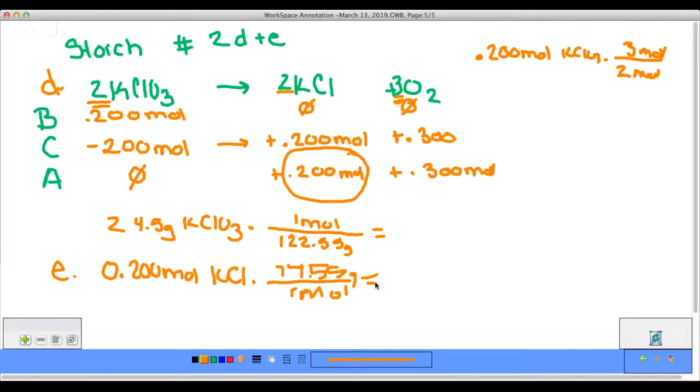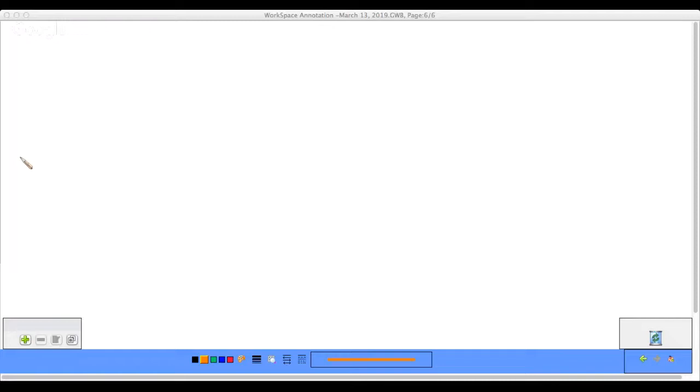So we get 14.9. So my answer for that one is 14.9 grams, and that's KCl. All right, let's go ahead and move on to the next one. I'm going to plug my pen in, get that charging up a little bit, and look at the next problem.